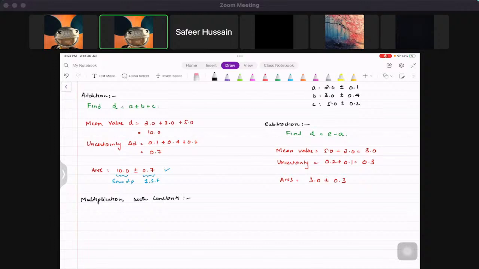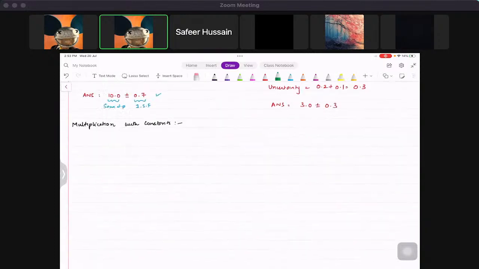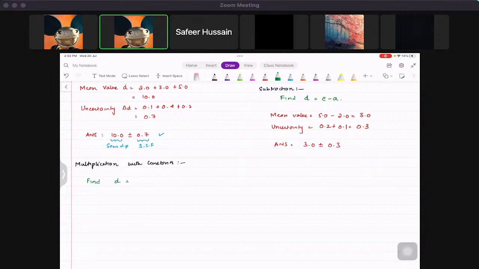So suppose they are saying, oh no, find D, which is equal to 3C plus 2A minus 3B. Now let's put our data set. Oh no, that vanished. I just need to take it again.